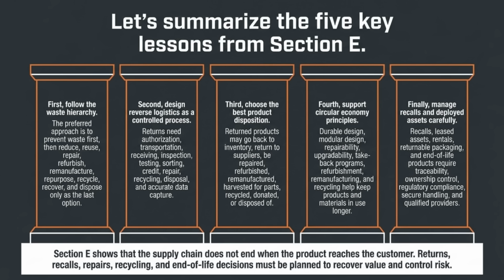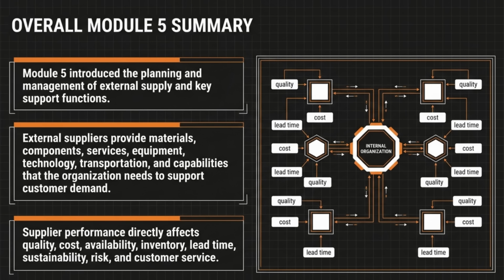Section E shows that the supply chain does not end when the product reaches the customer. Returns, recalls, repairs, recycling, and end-of-life decisions must be planned to recover value and control risk. Overall, Module 5 summary. Module 5 introduced the planning and management of external supply and key support functions.